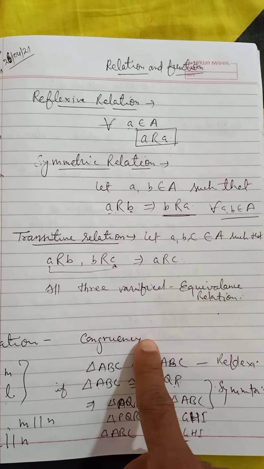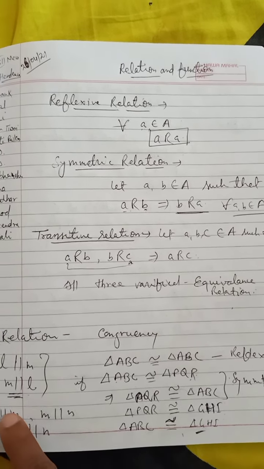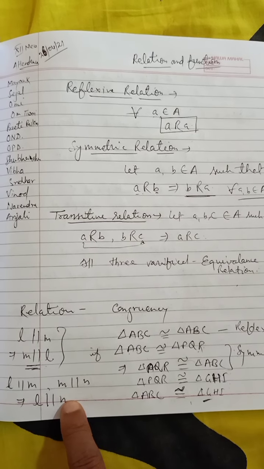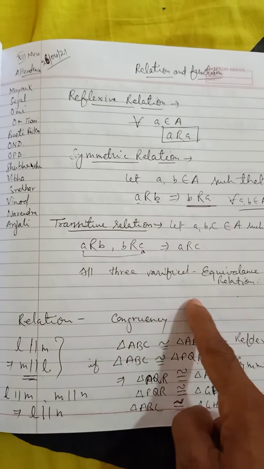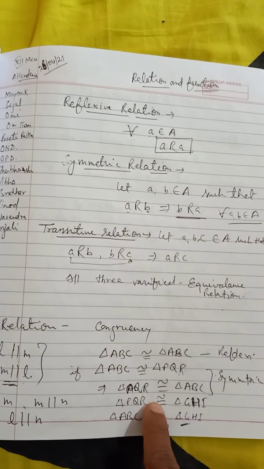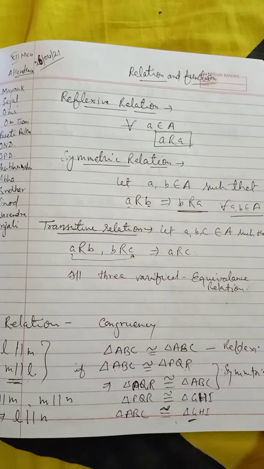Congruency is an equivalence relation, similarity is an equivalence relation, and parallel lines are also an equivalence relation. So these three are the main examples: parallel lines, congruency and similarity. All these three satisfy the equivalence relation.